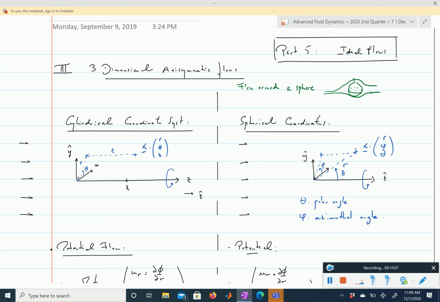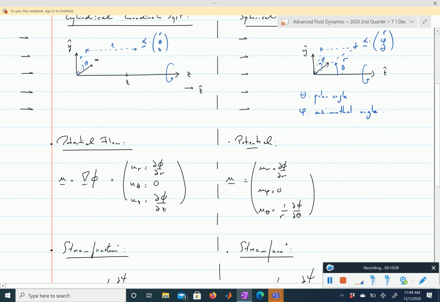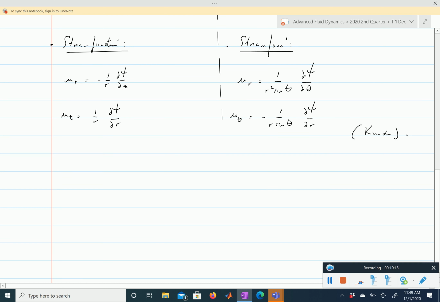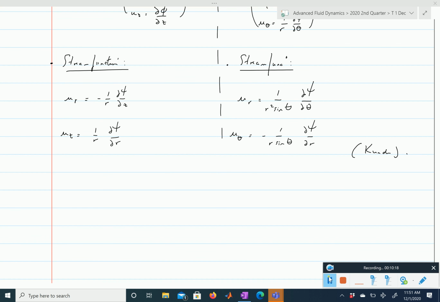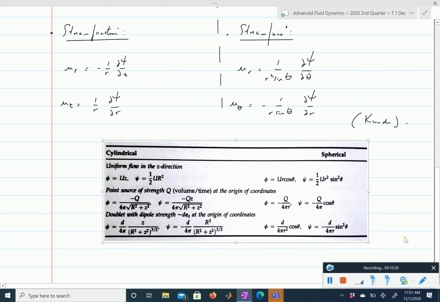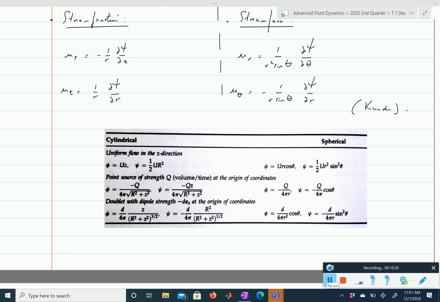But other than this, it is very similar, and I'm not going to write all of that because it is going to be a little bit long. I refer you to your book. On page 326, you have all of the formulas that you need. So I just put them here as a reference. These are the formulas. So you have the uniform flow, and here, as we discussed, it's a uniform flow in the z direction.